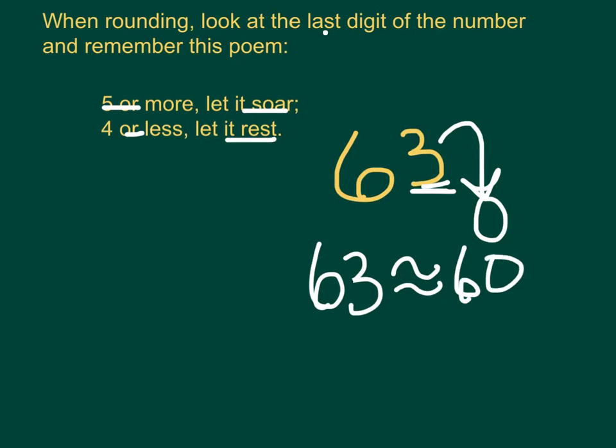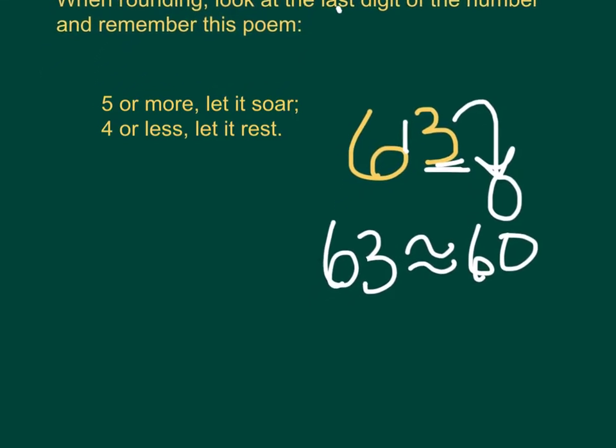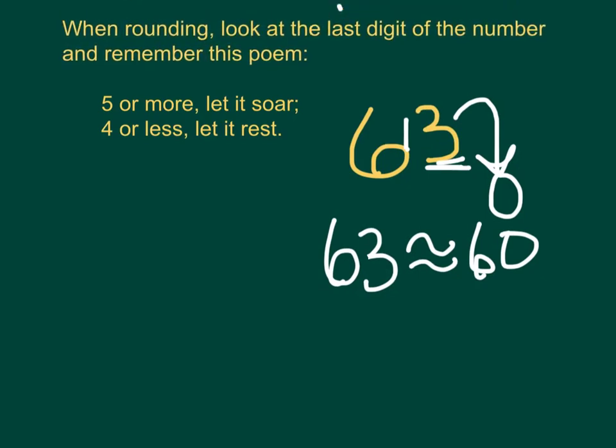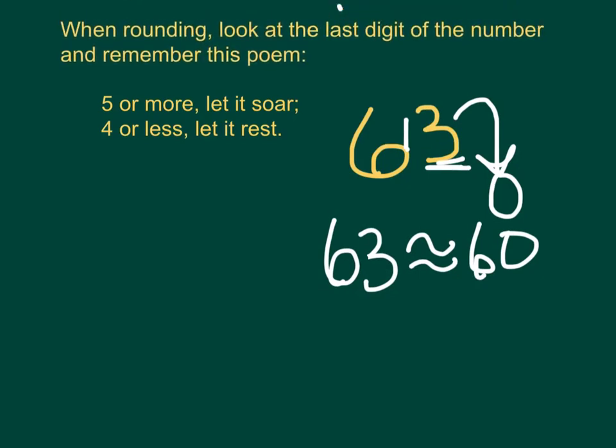Let's try another one. What if we had the number, what did we have earlier, 38? Okay, here we go. What if we had the number 38? Now, according to the poem, we look at the last digit.